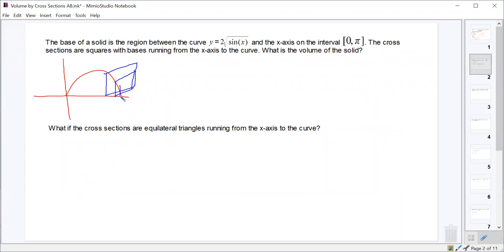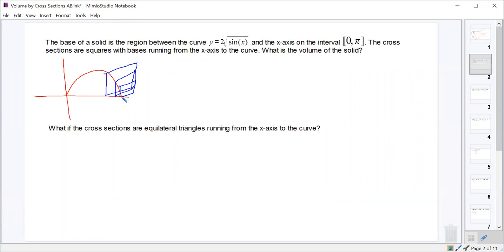Just like we had all those triangular cross sections from the little red thing. You can also think of the board in front of you, or your screen, as flat on the ground like the coordinate axis, and coming straight up out of the ground or off of the paper is a bunch of square cross sections, just like the triangular ones coming straight up off of the base.